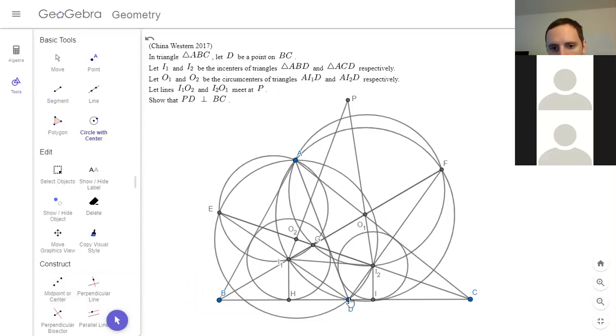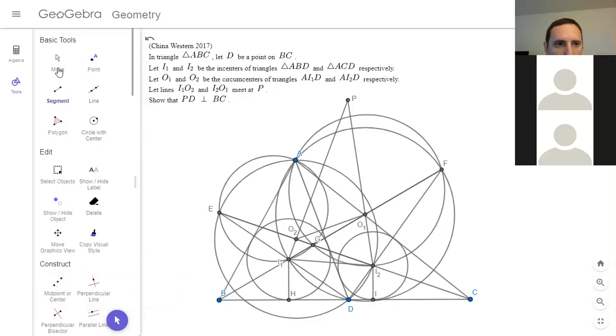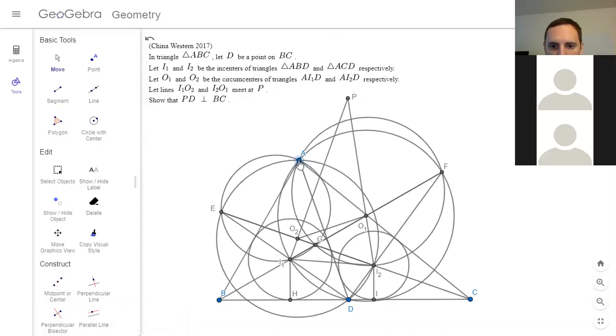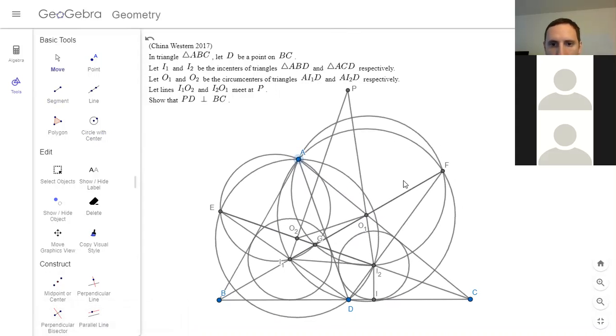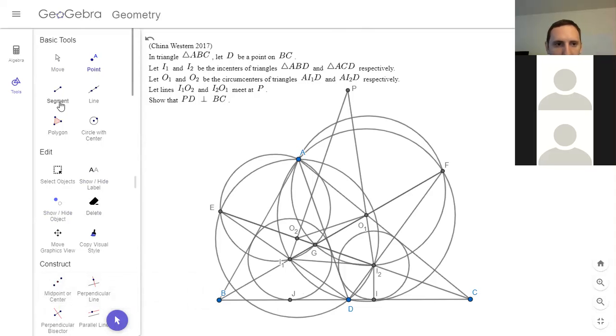O1A is equal to O1B, and O2A is equal to O2B. So AD is perpendicular to O1O2. I don't think we've used that fact, but it seems like we should. Sometimes when you move around the figure, tangency points disappear.